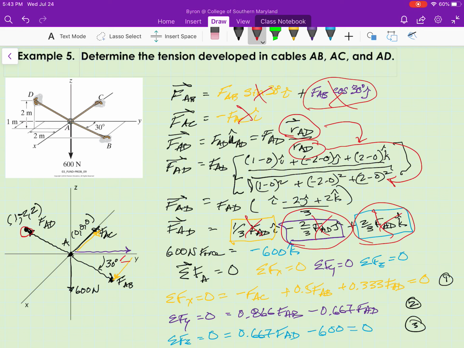I'll put that in a box so don't confuse it with the circles. Step two was to express each of the forces that act on particle A in Cartesian form. So step two was all of this right here.